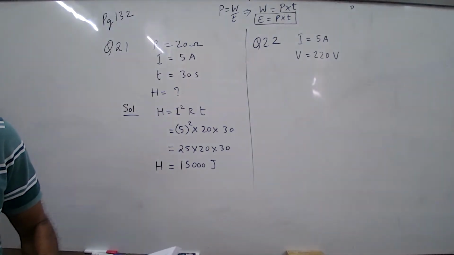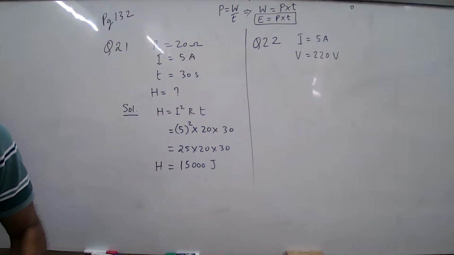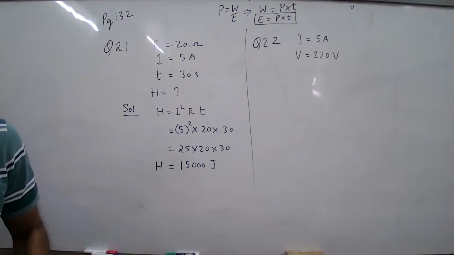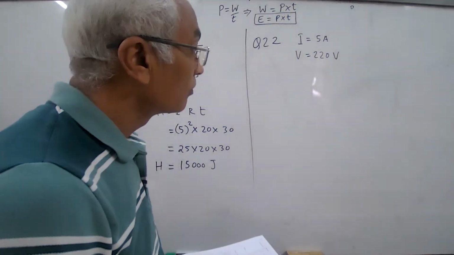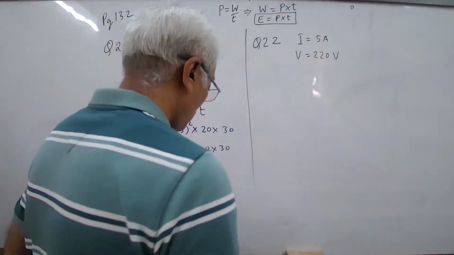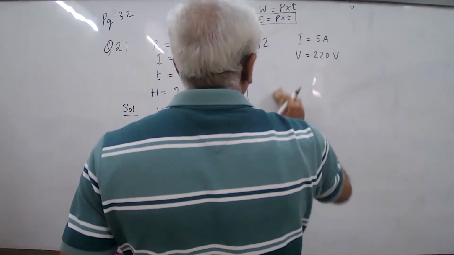What determines the rate at which energy is delivered via current? Power. This is 24.